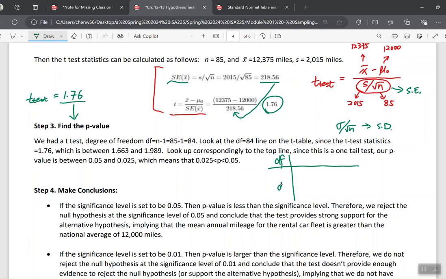We want to find the degree of freedom, which is n minus 1, 85 minus 1, which is 84. So then focus on this row. I want to find my t-test statistic, which is 1.76, between two values, so that I can go to the top to find the range of the p-value, right?